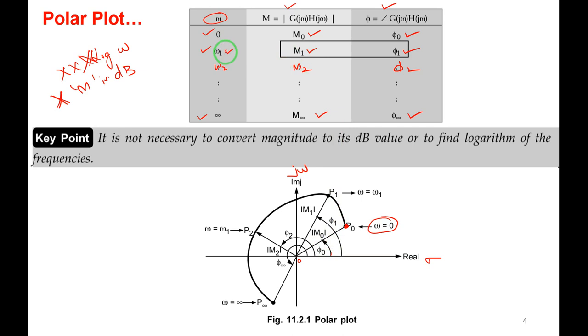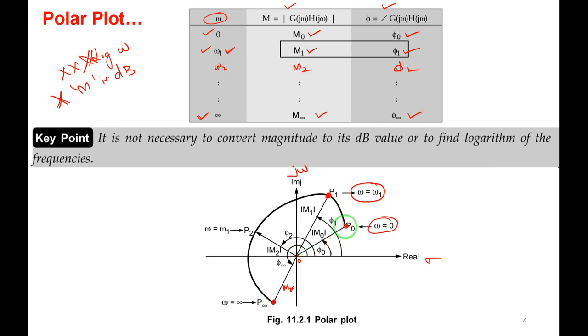Next, for frequency omega equal to omega 1, measure the angle phi 1 here, and the magnitude, let me take M1. From here to here is the magnitude; mark this point for omega equal to omega 1, and so on. Just continue. You will take the last frequency, omega equal to infinity. The angle is phi of infinity, and we measure the magnitude, that is M of infinity, and mark this point.